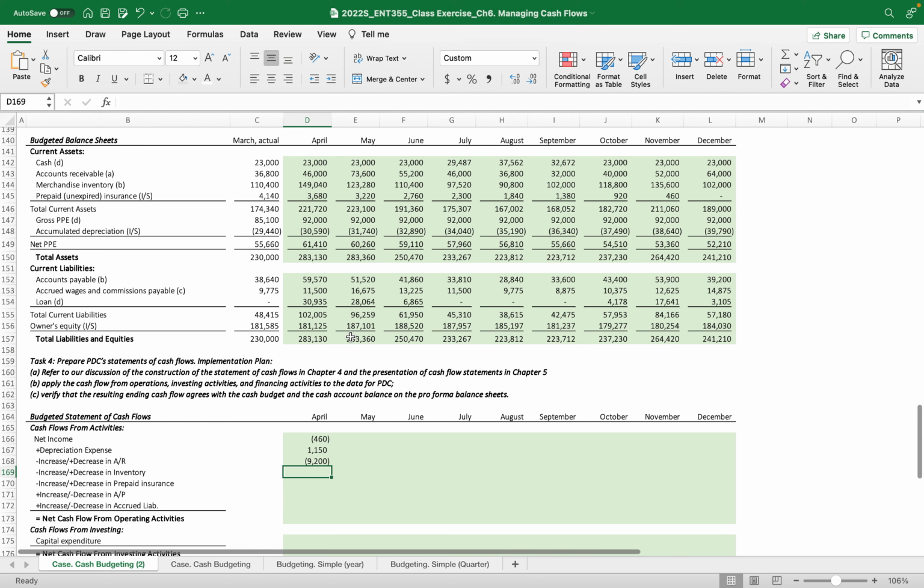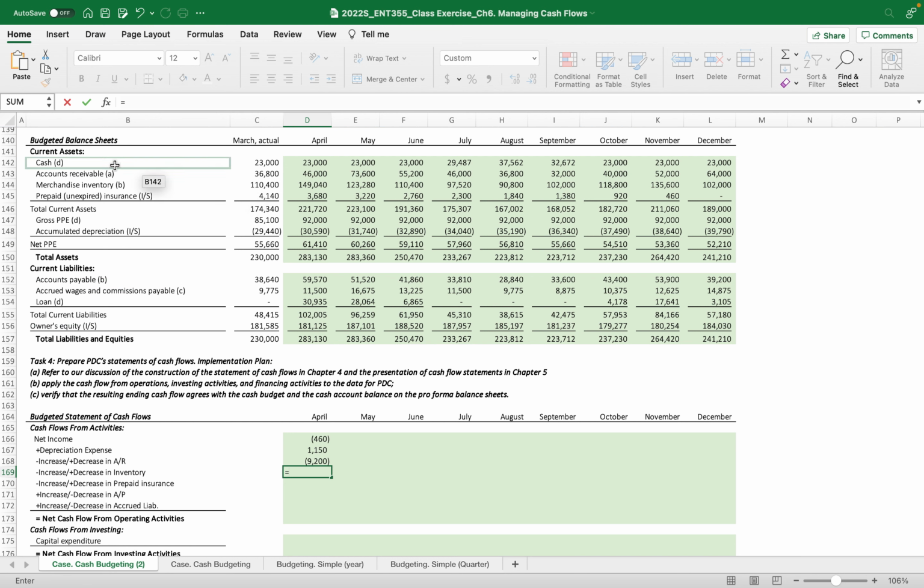That's why we reduce it. Inventory increased, and net income does not include that increase, but cash goes out when we purchase, right? And then the increase or decrease in the prepaid expenses. It has decreased, so it is now positive.